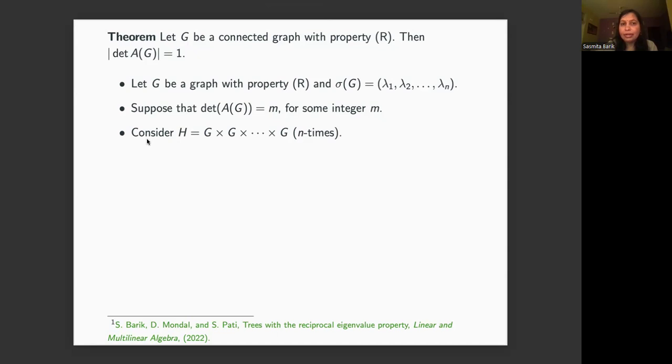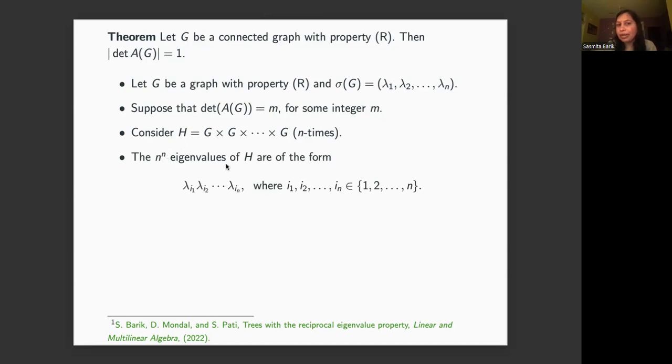Like that, I can say what the eigenvalues of H are. You will get n to the power n eigenvalues of the form lambda i1, lambda i2, up to lambda in, where i1, i2, up to in belong to 1 to n. All these n-fold products will become eigenvalues for H.